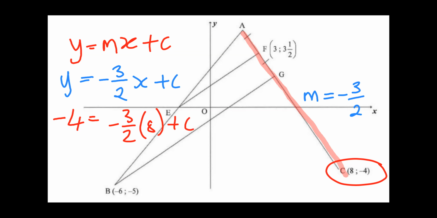Now we just need to do a little bit of multiplication. 8 times 3/2, I think that is -12. And then if you take the -12 across, you add it on the other side. And so c would be equal to -4 plus 12, which is 8. So c is equal to 8.